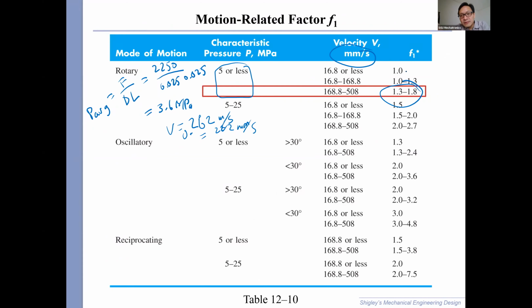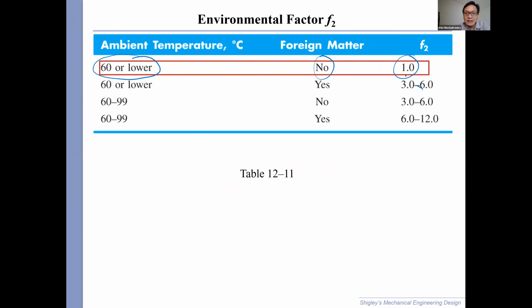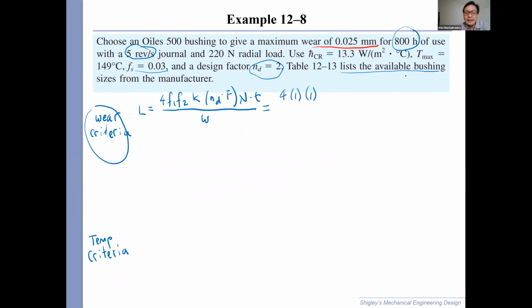You have the velocity, but you don't have the pressure, so I cannot select my F1. What I'm going to do then is put 1 as my F1 and 1 also for my F2. We're going to iterate and make sure that it still fulfills the requirement. Okay, so 1 and 1.